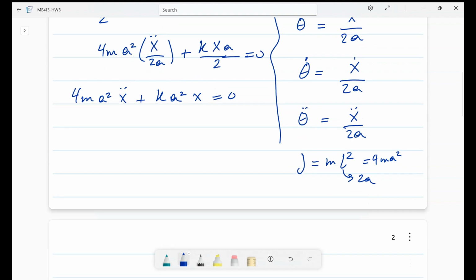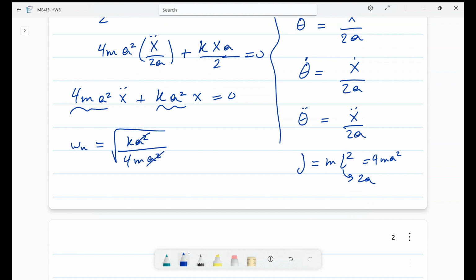Now this is our k equivalent and this is our m equivalent. So omega n will equal the square root of k a square over 4m a square.